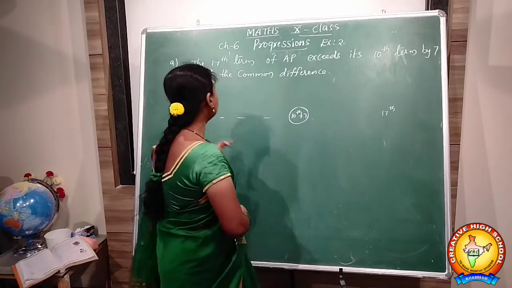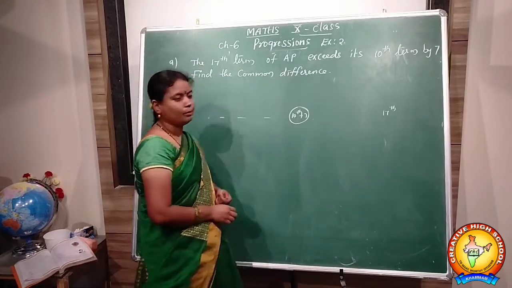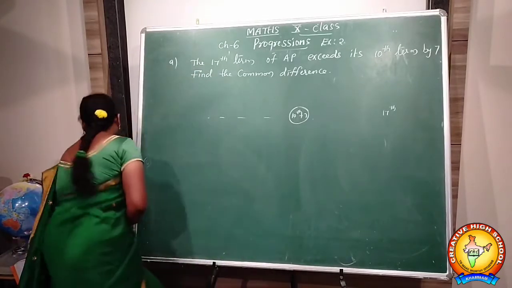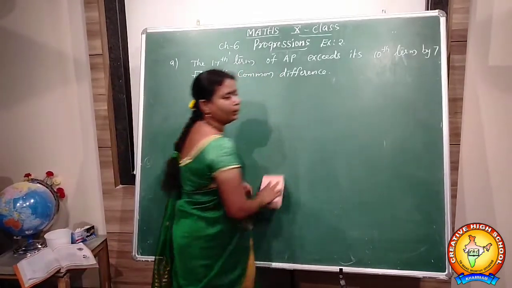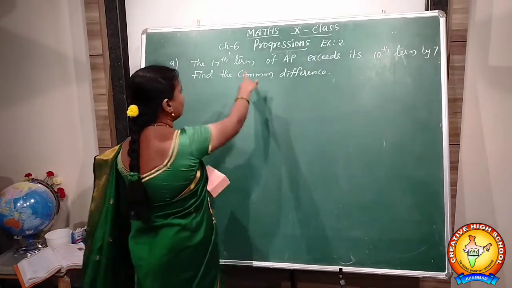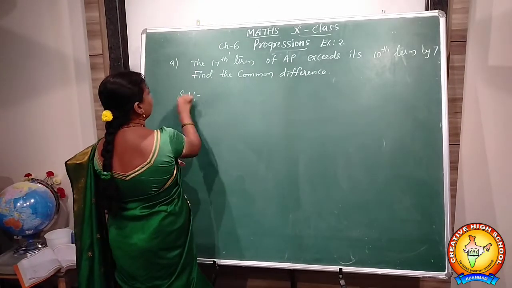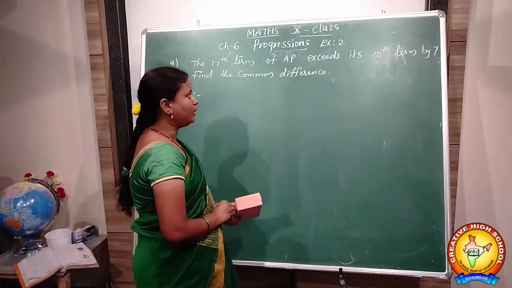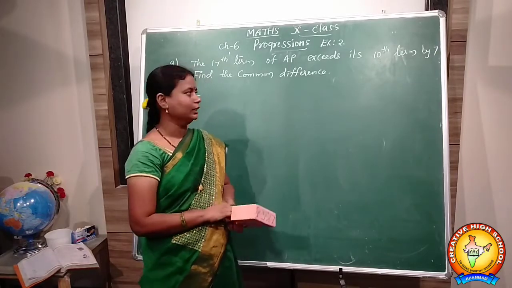Okay. By using this information, let us write the formula to find the common difference. So the 17th term is equal to the 10th term plus 7. According to the question, what is given? The 17th term of the AP is 7 more than its 10th term.